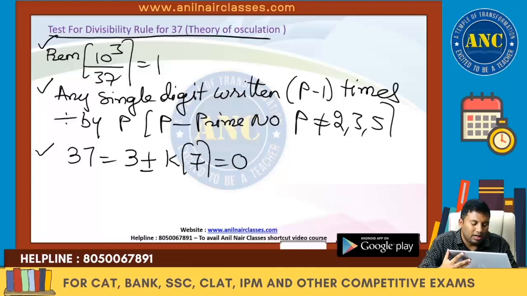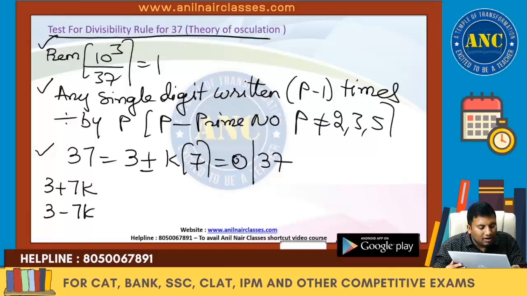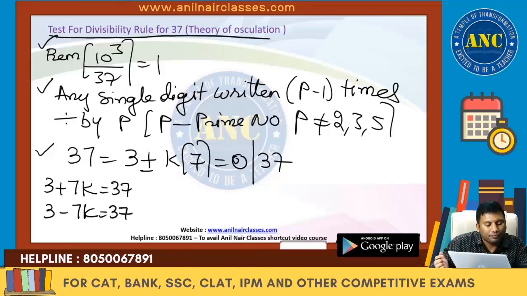Either it should be 0 or it will be 37 or its multiples. Now you only tell me, sir. Suppose I take 3 plus 7k or 3 minus 7k, which number are you getting? Either it should be 37 or 74.